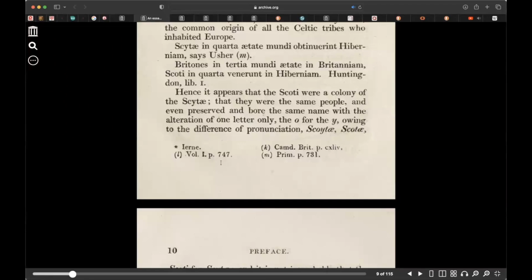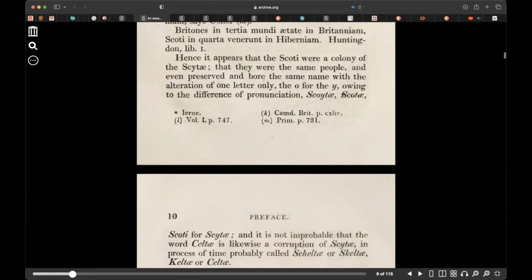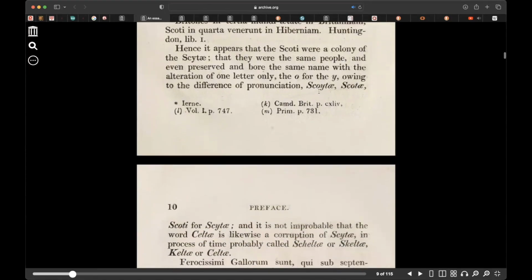On page 9 in the preface, they're talking about the Scitae and the Scoti. They're saying here, hence it appears that the Scoti were a colony of the Scitae. Now remember in part 1, we talked about the Scitae and the Saxons' relation, and that this literally means sons of Isaac. That they were the same people and even preserved and bore the same name with the alteration of one letter, only the O for the Y, owing to the difference of pronunciation.